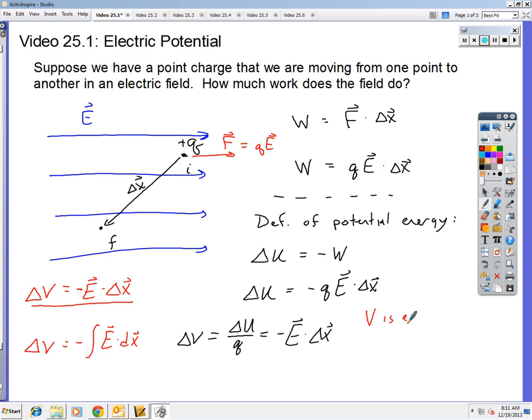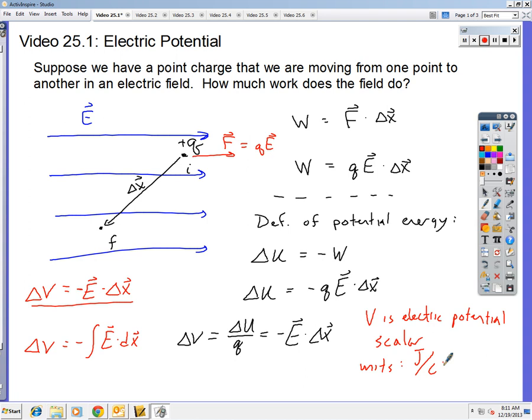So V is the electric potential. Some things we can learn about it: it is a scalar, and the units are joules per coulomb. So memorize those equations, and know how it is defined.